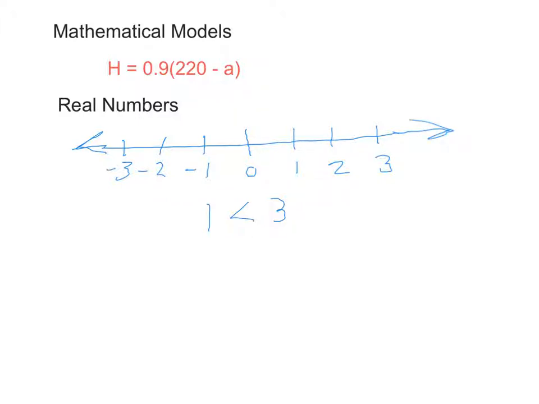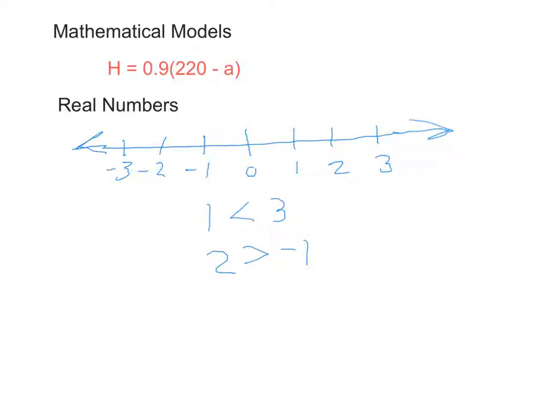I could also say that 2 is greater than -1, because 2 is to the right of -1. I could reverse this and say -1 is less than 2 because -1 is to the left of 2. So this is how we represent order, greater than or less than, on the number line.